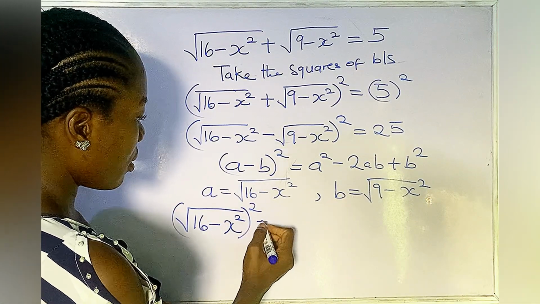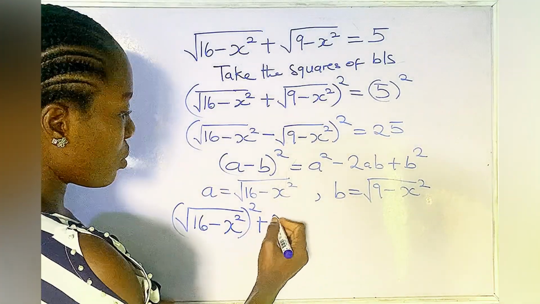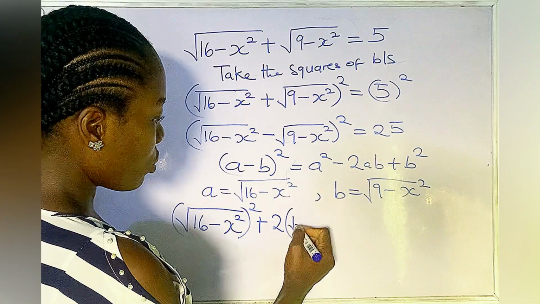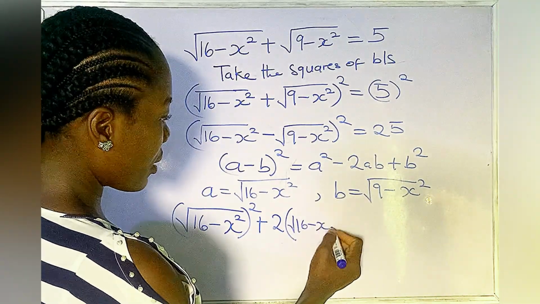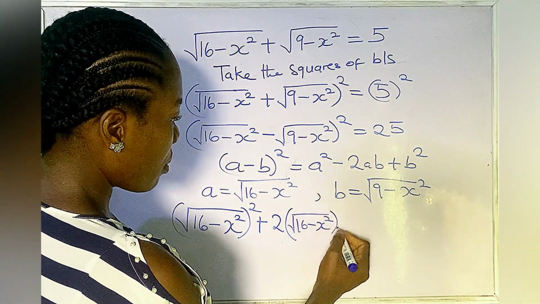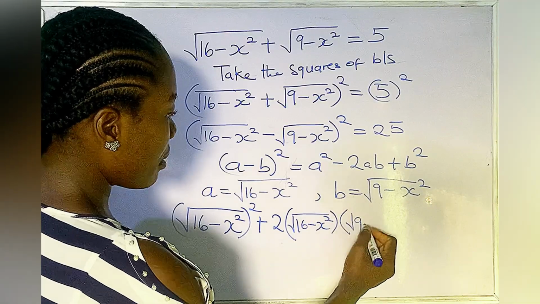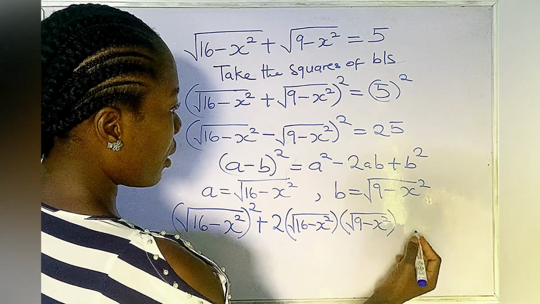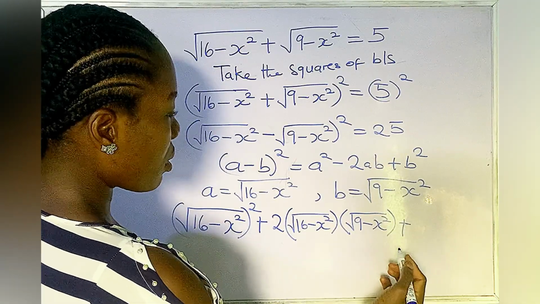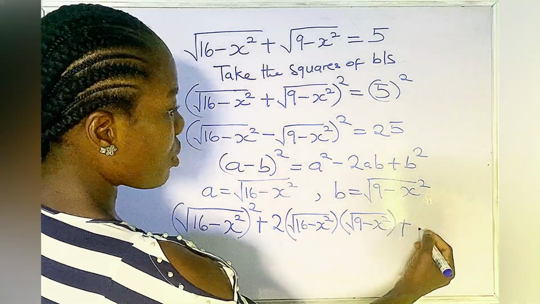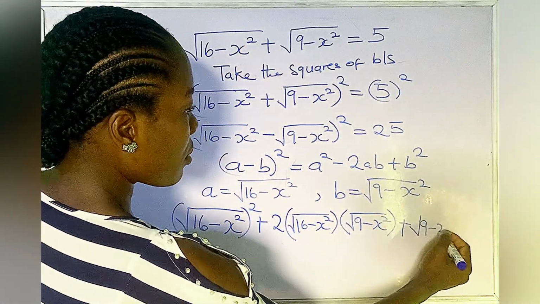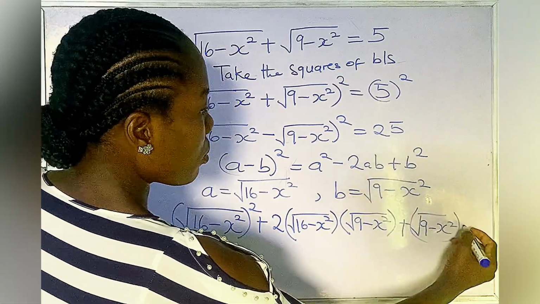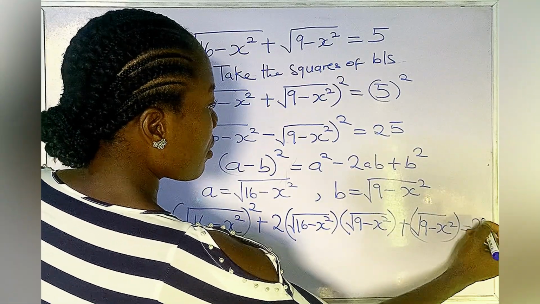Squared plus 2 multiplied by root of (16 minus x squared) multiplied by root of (9 minus x squared), plus our b squared, which is 9 minus x squared, is equal to 25.